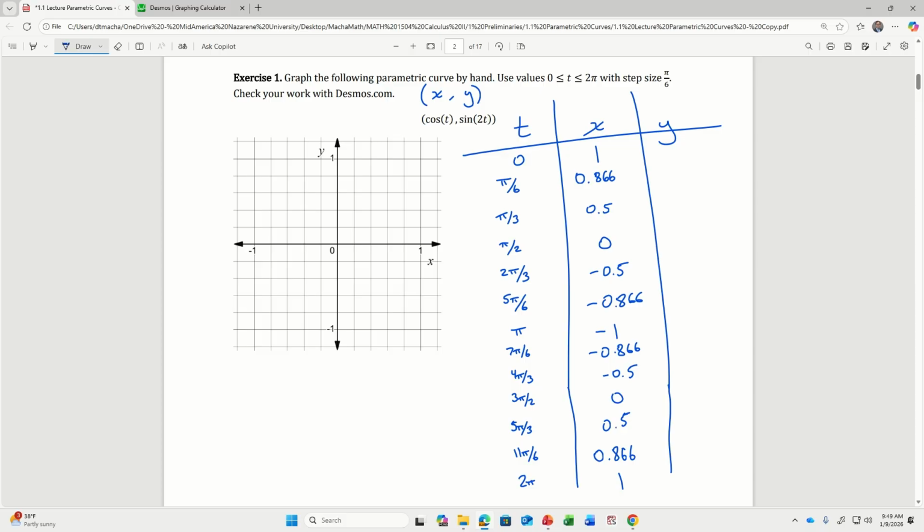So what's sine of 0? 0. Then the next thing I really recognize is sine of, what's sine of pi? 0, yeah. All the integer multiples of pi are going to be 0.